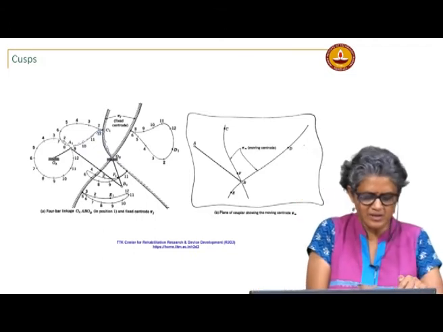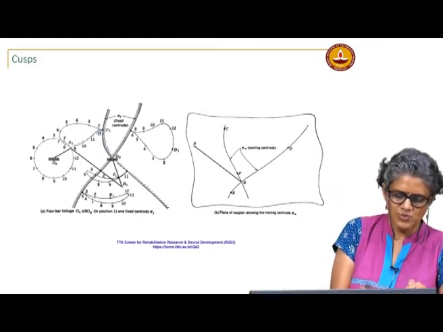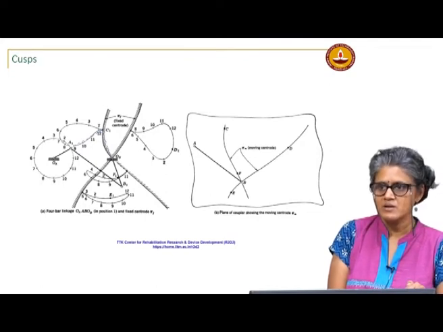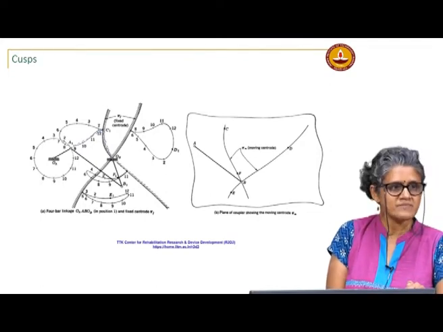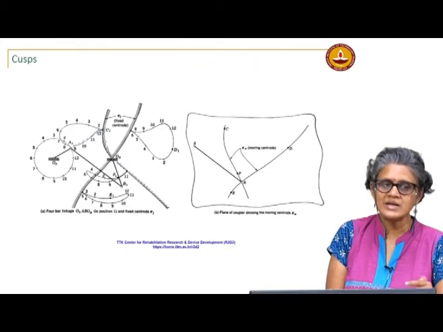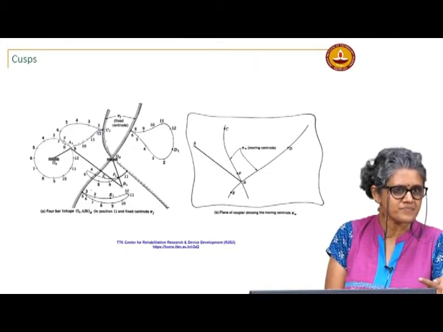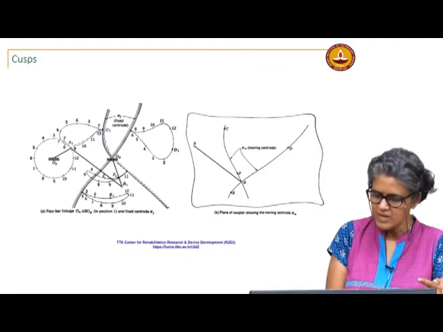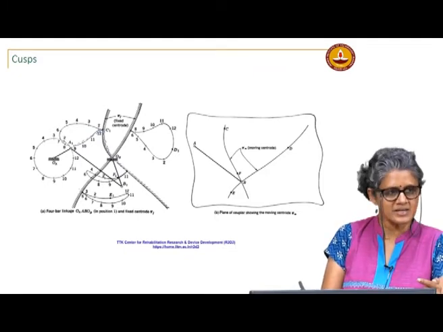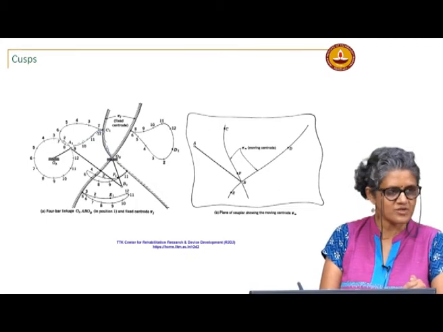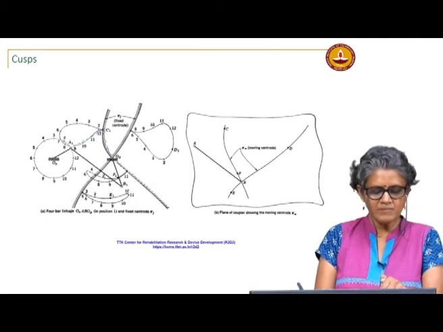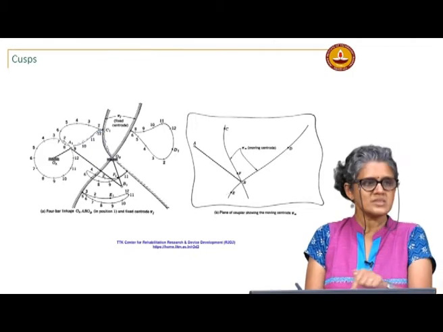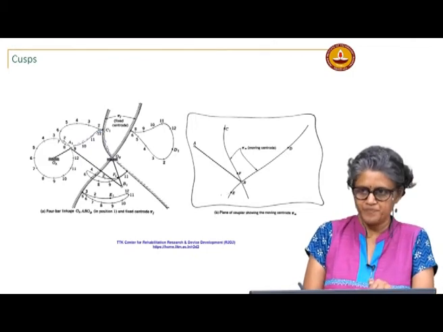The numbers indicate when a particular point contacts the fixed centroid, or when that is the instant center. So, if E is the instant center at some rotation of the crank, then there is a cusp that is formed in the coupler curve of E.